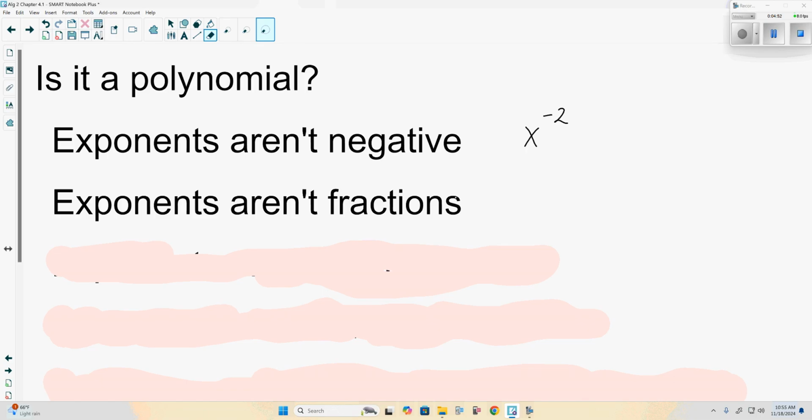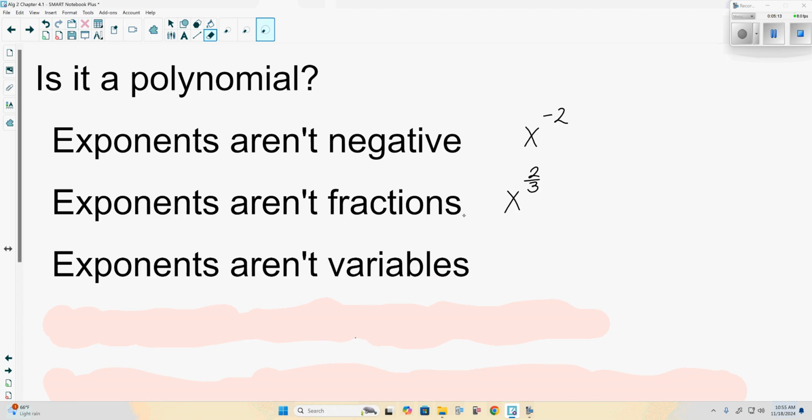Exponents aren't fractions. And again, all this is mainly attached to variables. We can't have x to the 2/3. You can't have fractional exponents. Exponents aren't variables.